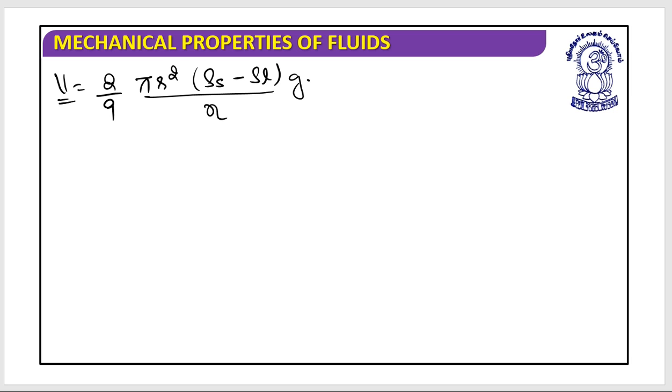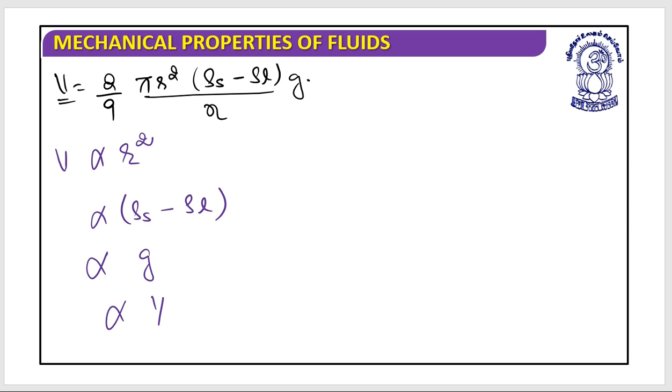This is terminal velocity. Look at its variations. This velocity v could be changed by changing the radius. It could be changed due to density of solid minus density of liquid. It could be changed due to the effect of gravity. Even this could change with a change in the fluid, because it depends on eta as well.